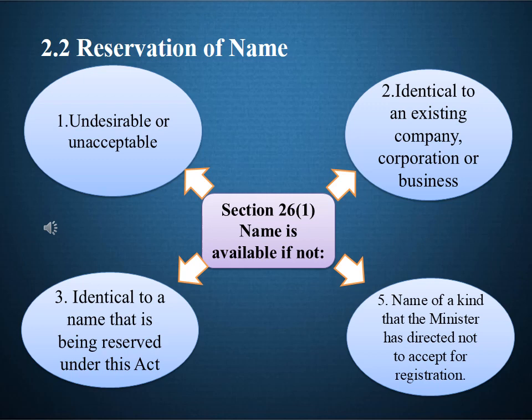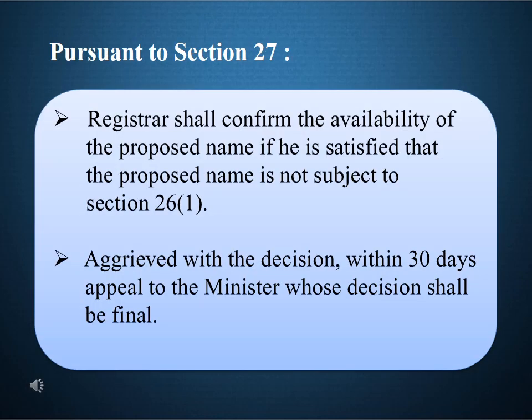So normally the minister has a list of company names which you might not be able to use for your company. The registrar shall confirm availability of the proposed name if he is satisfied that it does not contravene any of the provisions in Section 26 subsection 1.